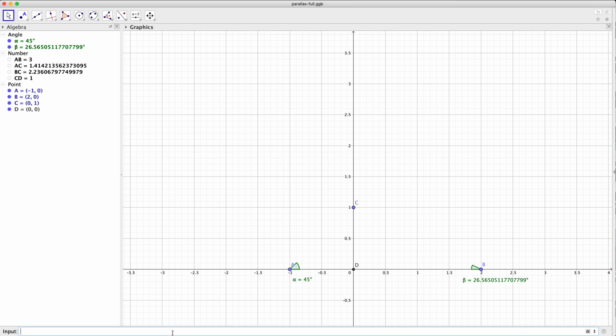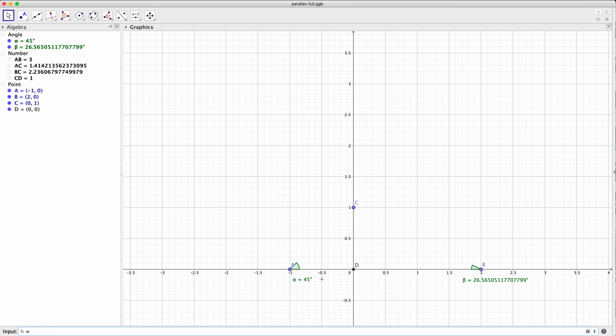Now, mathematically, the way we figure all this out is essentially the height CD of the triangle ABC can be found by considering the right triangles CDA and CDB and getting the tangent of alpha here, this angle.